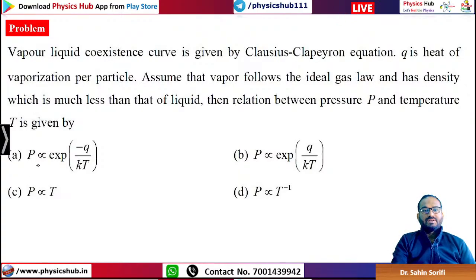The vapor liquid coexistence curve is given by the Clausius-Clapeyron equation. Vapor follows the ideal gas law. The relation between pressure and temperature you need to find out.